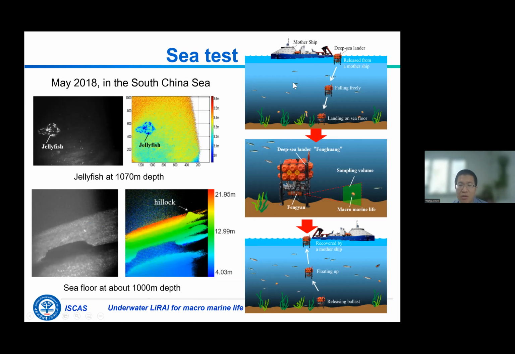Here shows how Fengyan works: we release it from a mothership, and then the sea lander lands on the sea floor. Fengyan works automatically, and when it finishes the image acquisition, it flies up and is recovered by the mothership.